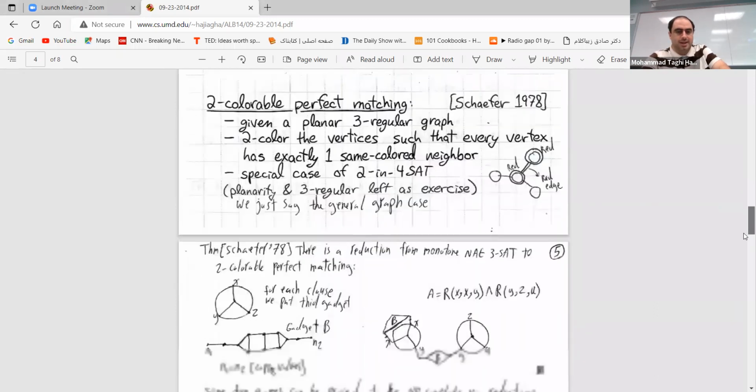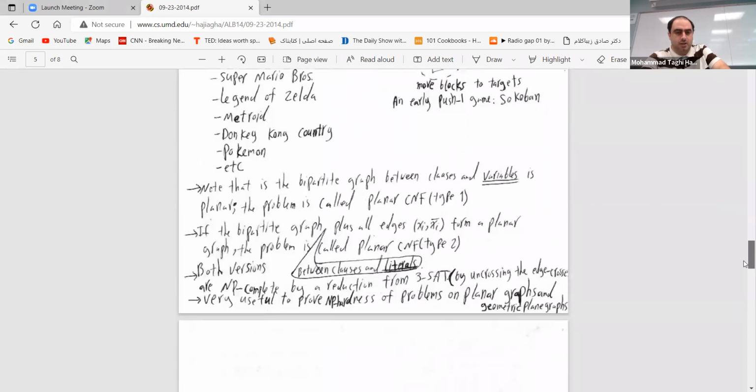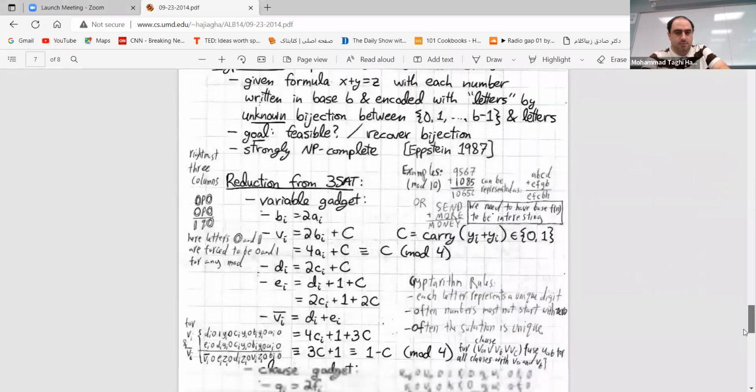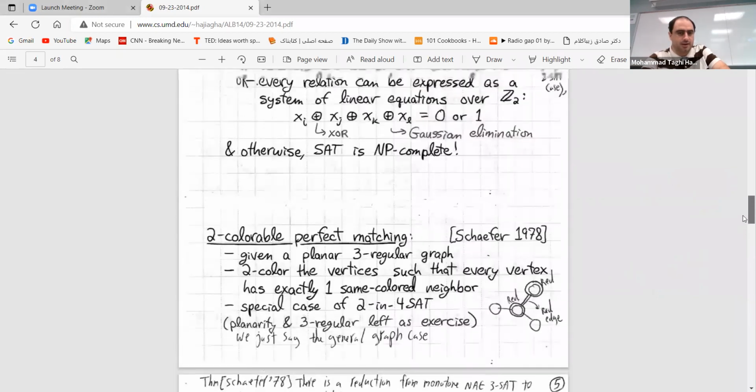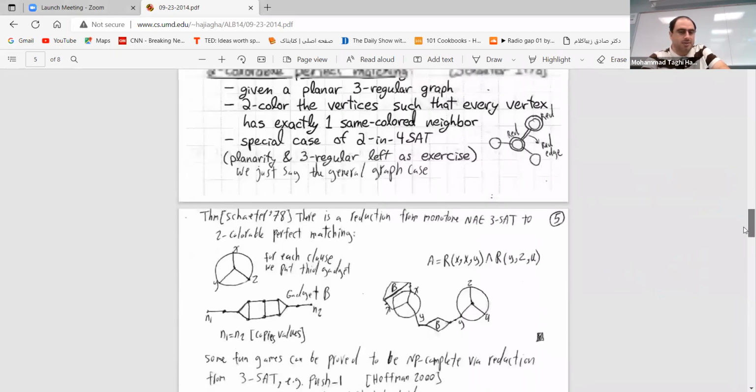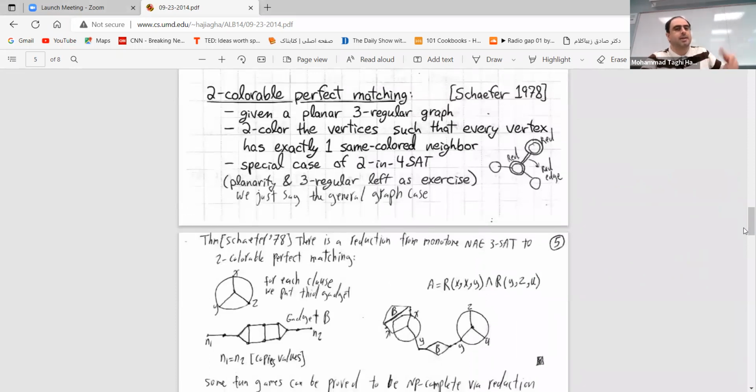Good. So next time we are giving some examples from these things. We are especially giving two examples, one is easier, the other one is harder. These are some games, some graph problems that we show are actually NP-hard or NP-complete. And we show that if we use 3-SAT, the problem might be a bit harder to prove.